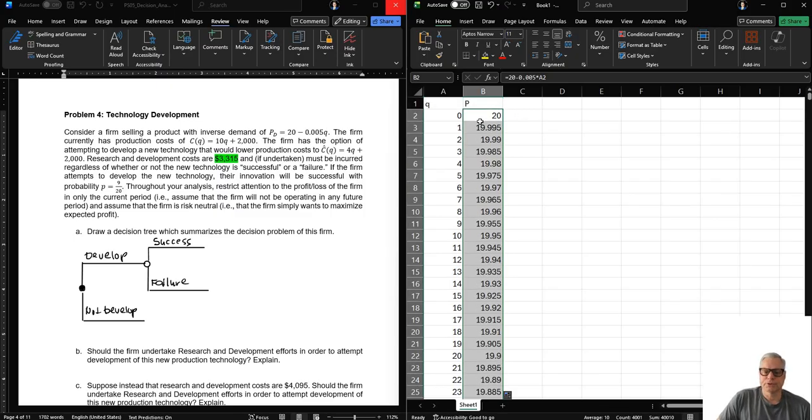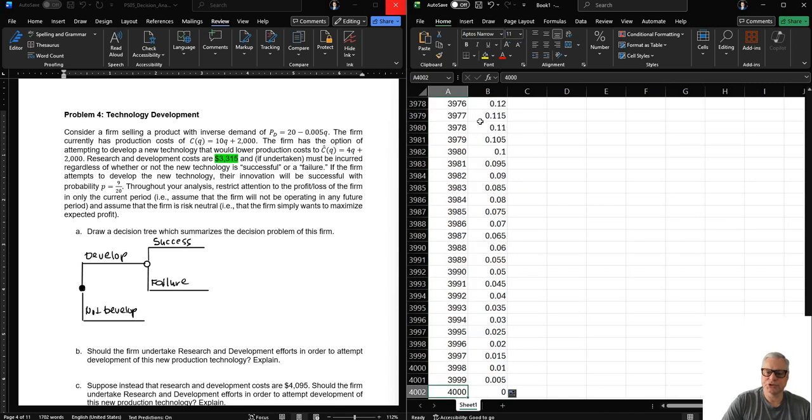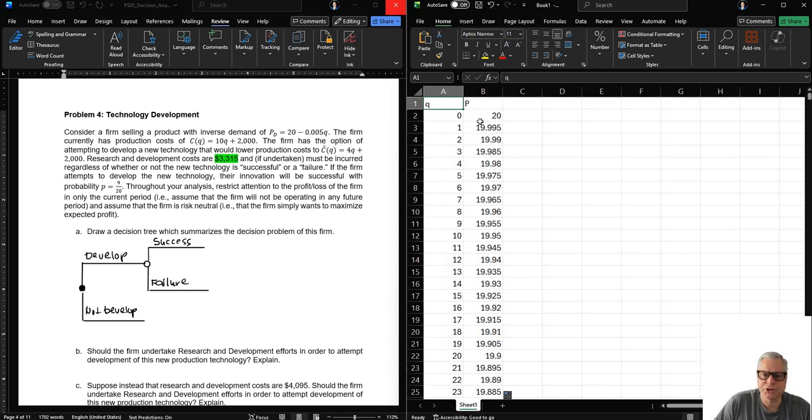Okay, so now we have the demand function, and you see that at the quantity of 4,000 we reach the saturation point. But now what's important is we need to look at the different marginal costs. So the existing marginal cost are 10. So I called it marginal cost existing, or current.